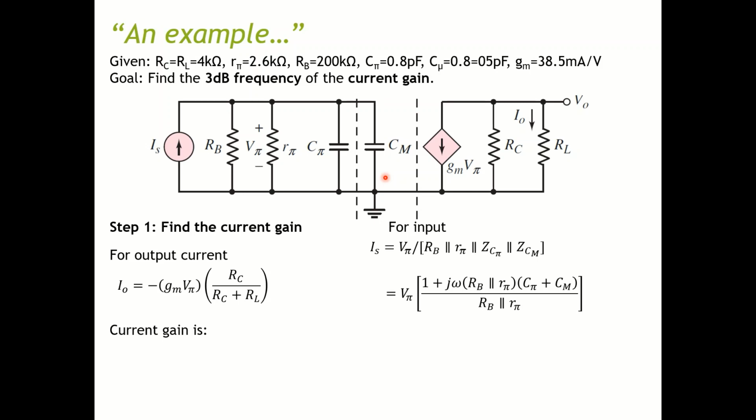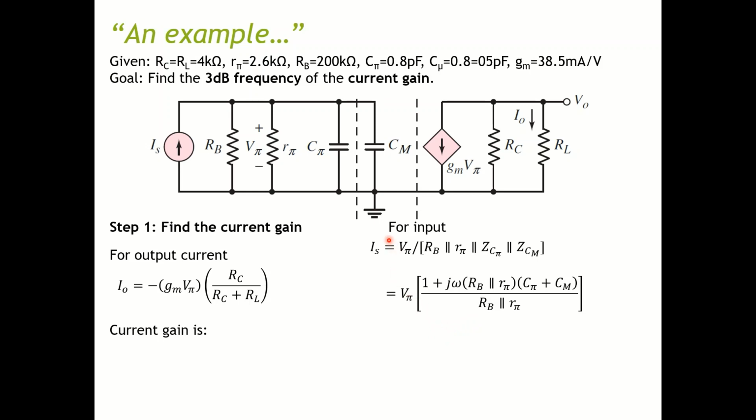If you extract all of this out, it will be equal to V pi multiplied by 1 plus j omega of RB parallel R pi, then multiplied by C pi plus Cm, because with two parallel capacitors you can add them together, then over RB parallel R pi.